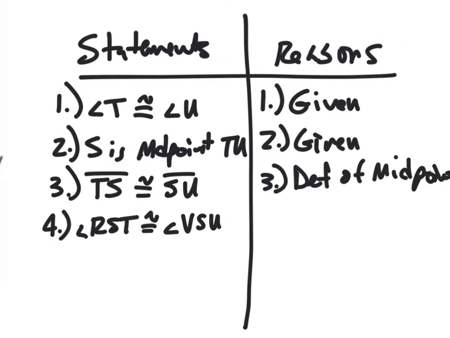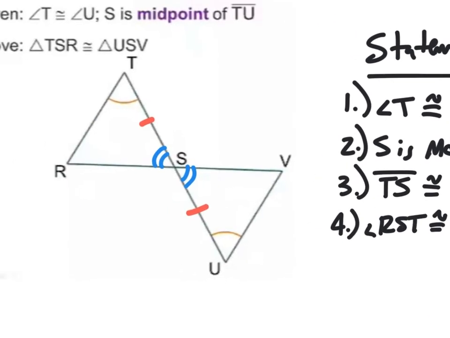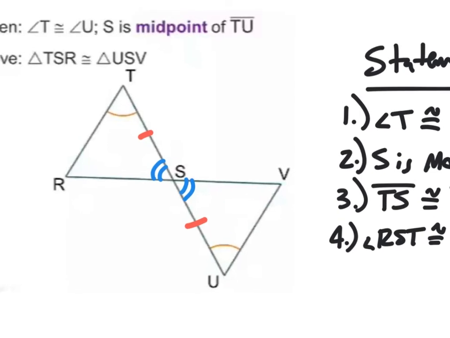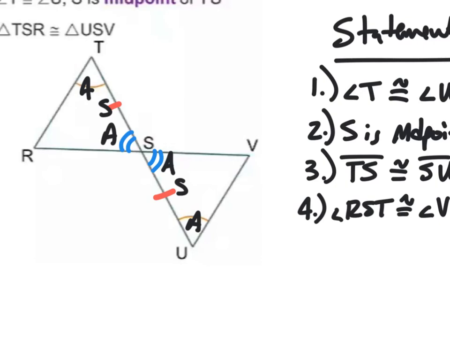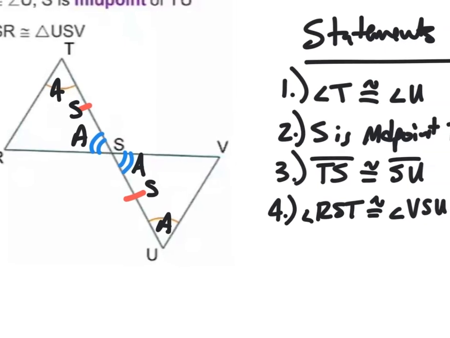And the reason why we know that those two angles are congruent is because they are vertical angles. And so since they're vertical angles, I know I have an angle measure, an included side length, and an angle measure. And I have the same thing over here. So now I can just conclude that these two triangles are in fact congruent.